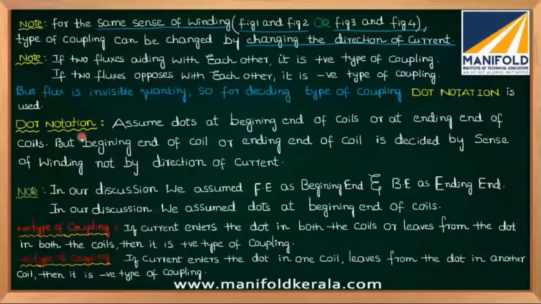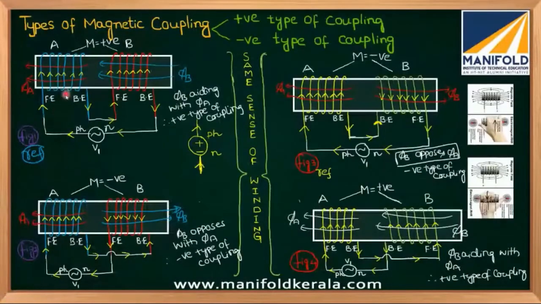Right, dot notation. See, guys, one thing you have to understand: why is dot notation used? I told you if two fluxes are aiding, it is positive coupling; if two fluxes are opposing, it is negative coupling. But flux is an invisible quantity, we cannot see the flux. For deciding the type of coupling, we are going for dot notation.